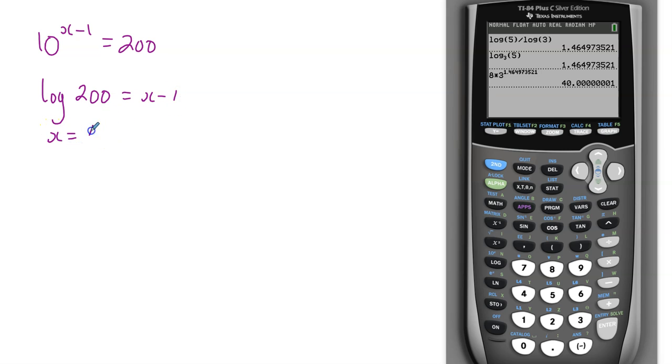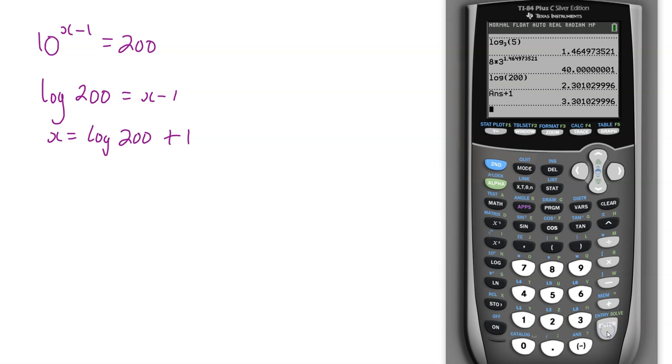So x is going to be log of 200 plus 1. So log 200. Okay, now close that off, or work it out separately, and then add 1. And we get x is equal to 3.30, rounded to the nearest hundredth.